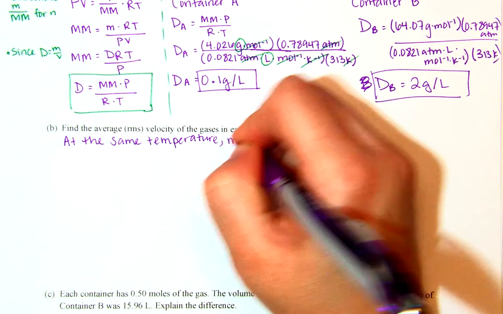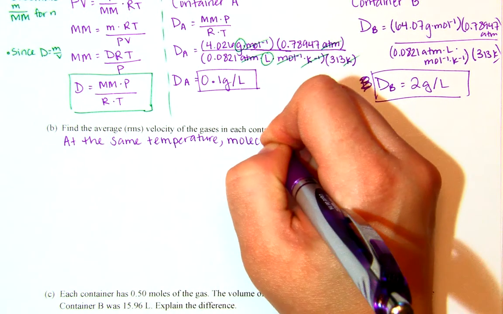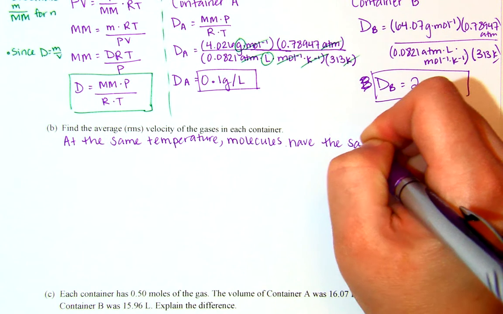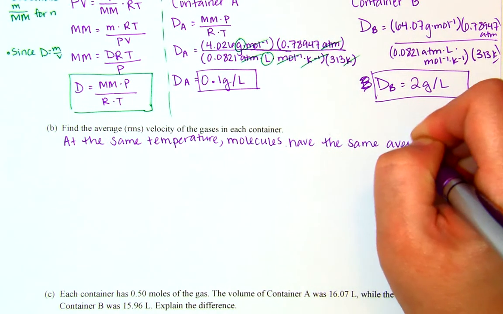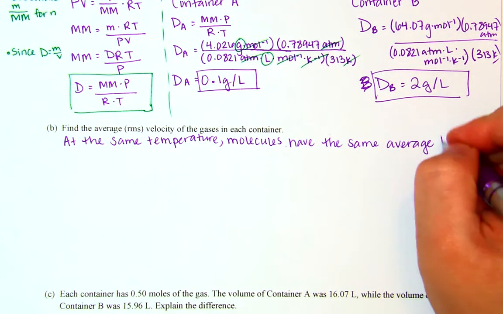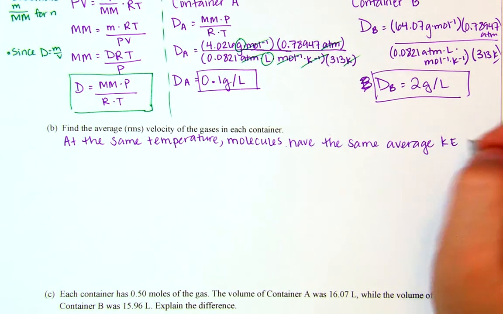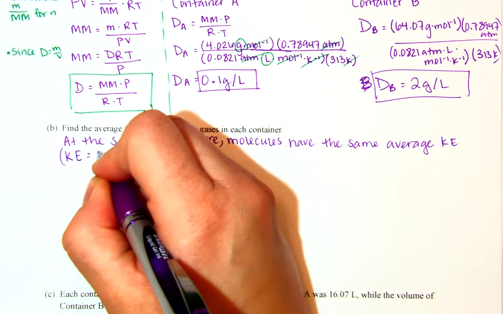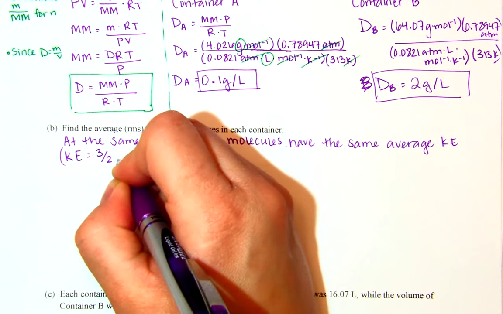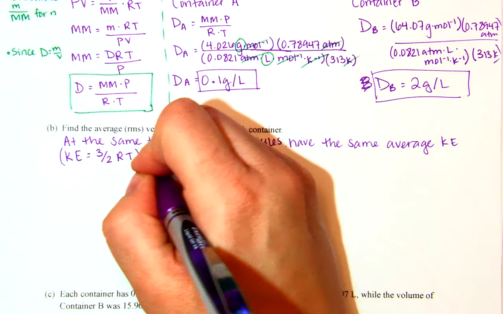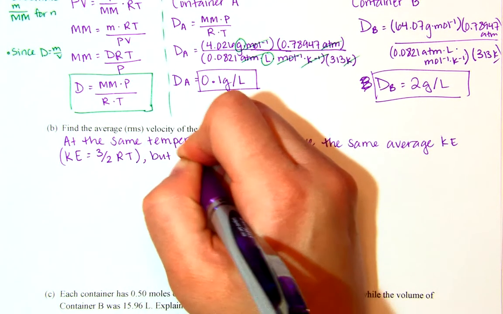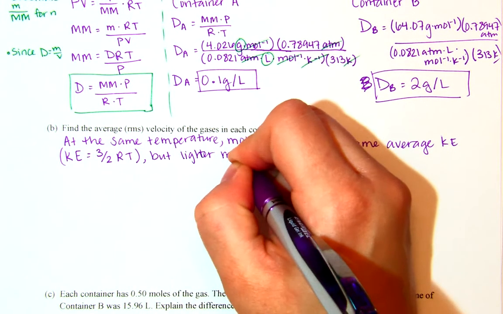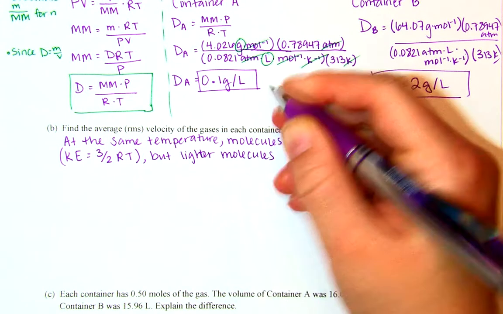So at the same temperature, molecules have the same average kinetic energy, and the formula for that is KE equals 3/2 RT, but lighter molecules have a faster speed.